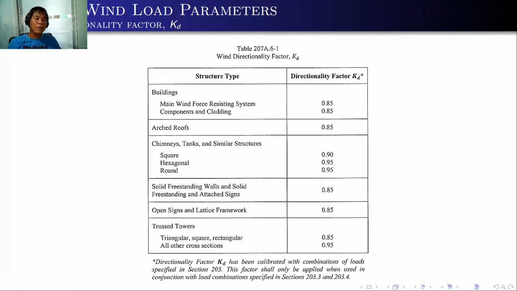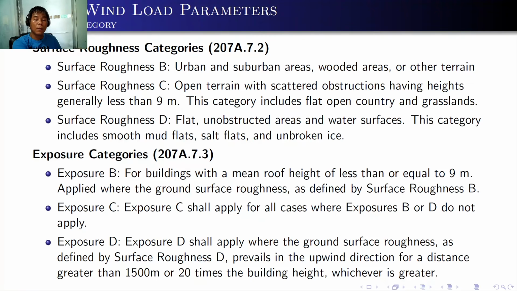Also, step 3, we have the wind load parameters. For the wind directionality factor, that is Kd, there is a table here that gives us the value. For the main wind force resisting system for a building, you can see the value is 0.85. Also, for the exposure category, you can determine first the surface roughness.